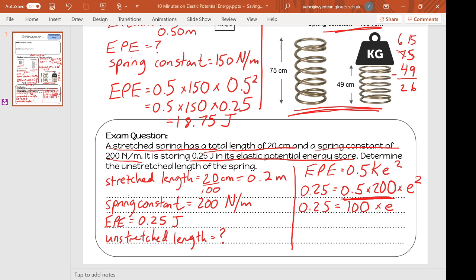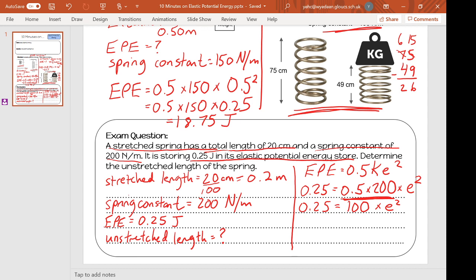We're trying to solve for the extension, because that's the missing variable. So remember, we have to isolate it, just like you do in maths, by moving everything to the other side. So I have E squared here, but I have it 100 times done. So I want to get rid of that 100 by doing the opposite.